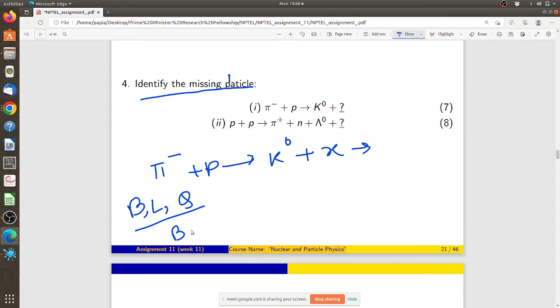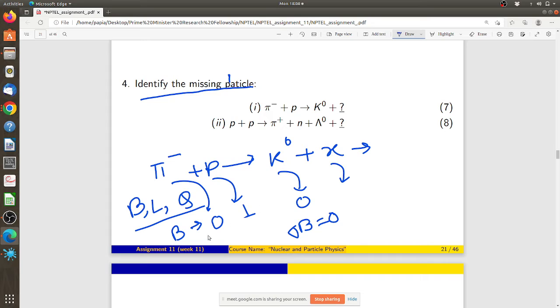For baryon number, for pi minus the baryon number is 0, because a meson is not a baryon. For p it's 1, for K0 it's 0. So to have delta B equal to 0, x will be what?